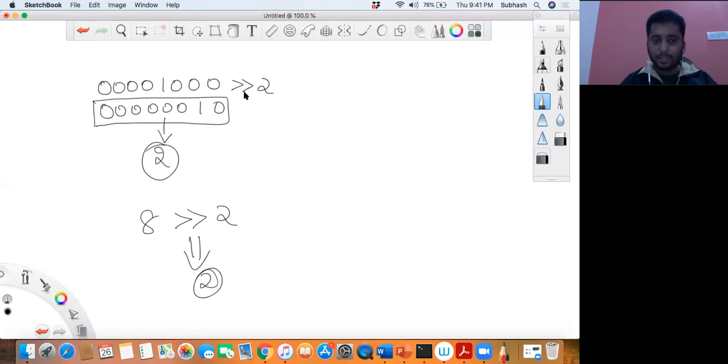Only the sign bit can tell you whether it is a positive or negative number. Just by looking at a binary number, you will not know. But if you see the most significant bit, which is the sign bit, then you will get to know. If it is a negative number, the sign bit would be set. If it is a positive number, the sign bit would be reset, that is 0.